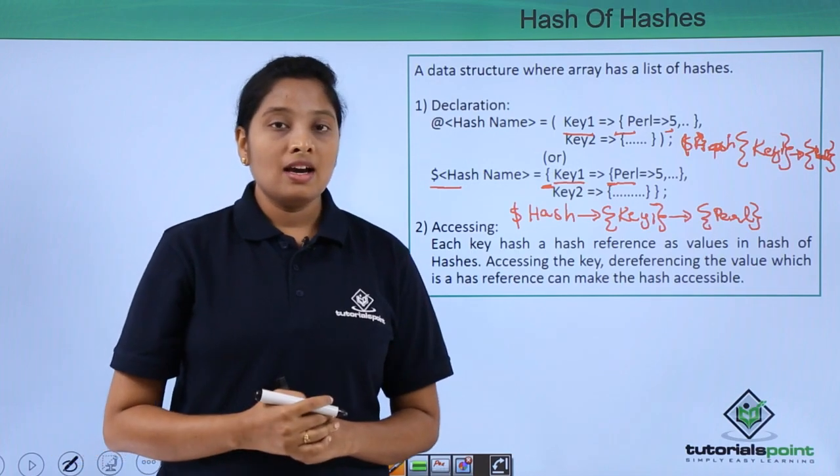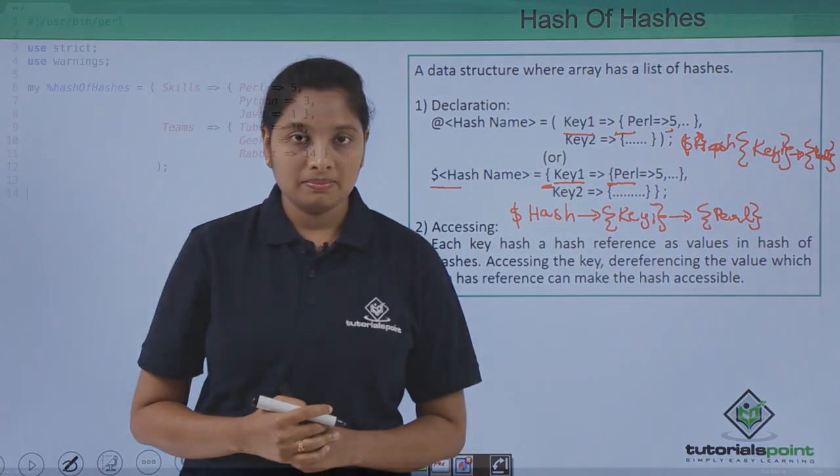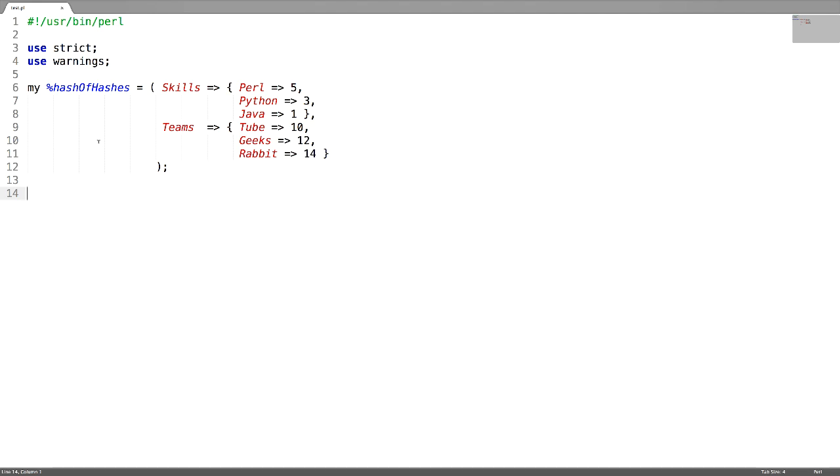Now let us see a detailed example. In this program, I am going to explain how to create and generate hash of hashes. This is a simple hash of hashes having two key value pairs and each value is a hash reference. Now let us print the key value pairs of this hash.